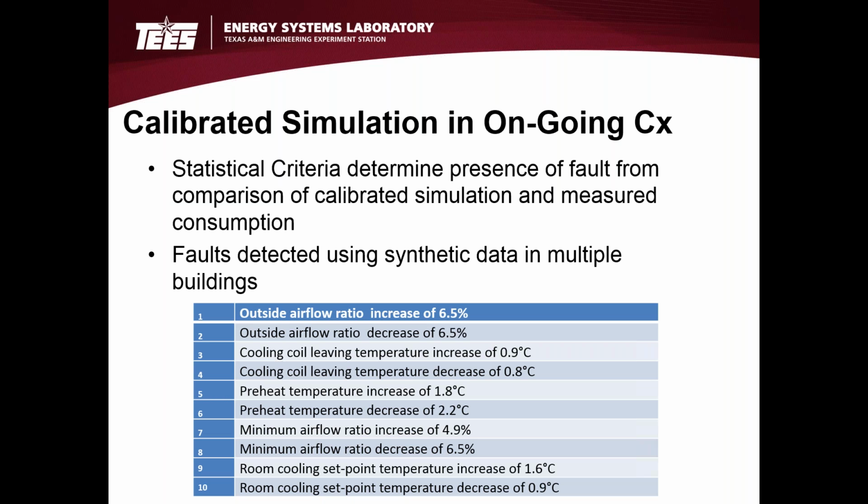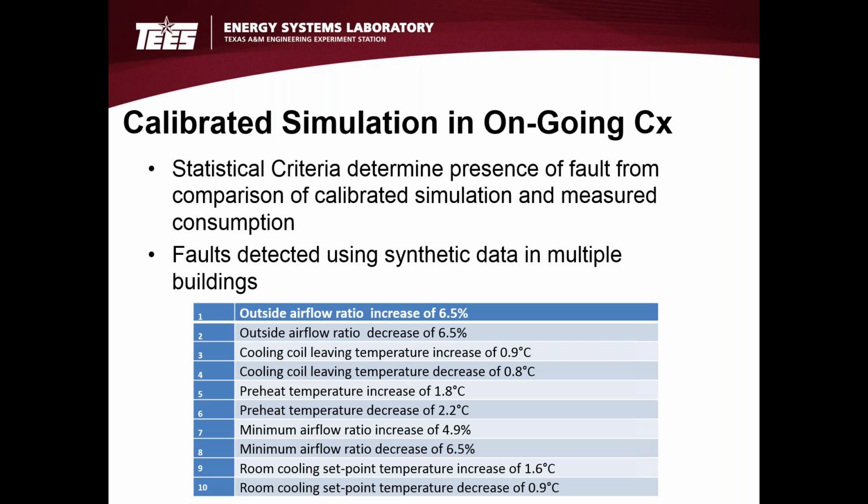Here I've shown a number of faults that we detected in particular buildings using synthetic data, where you see that we can detect changes on the whole building data: changes in outside airflow of 5 or 6%, cooling coil leaving temperature changes of a degree, changes in preheat temperatures, changes in minimum airflow, a variety of things.